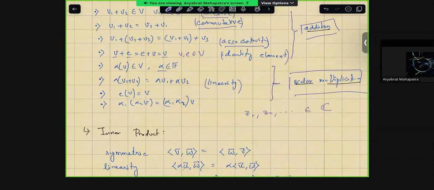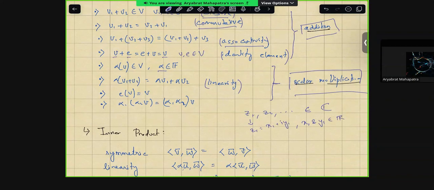You basically say that these numbers are defined using complex numbers. Basically, a complex number field exists. So this z1 is x1 plus i y1, where x1 and y1 are real.